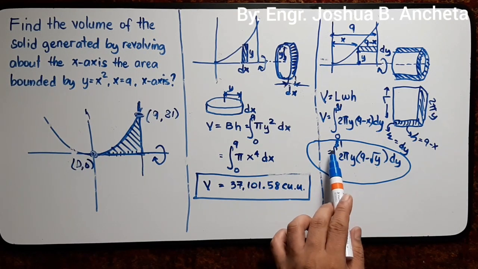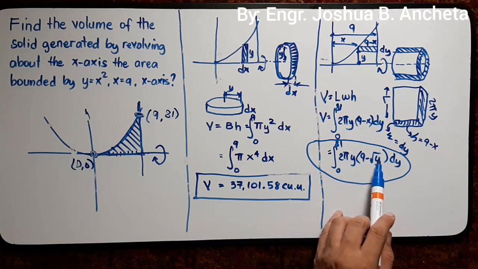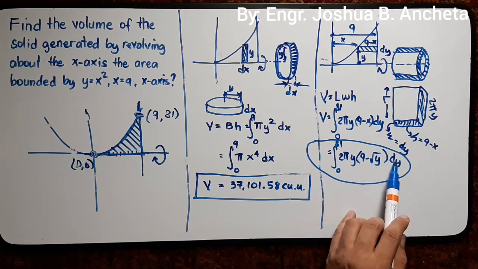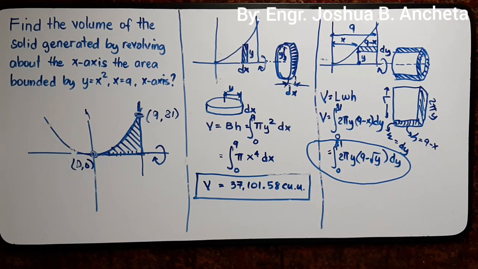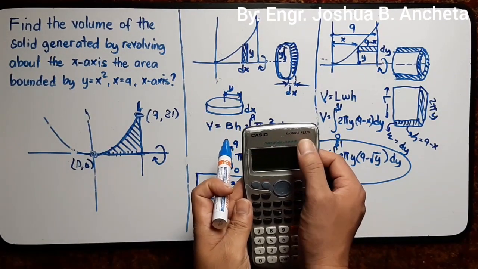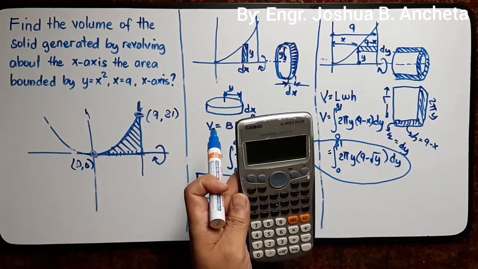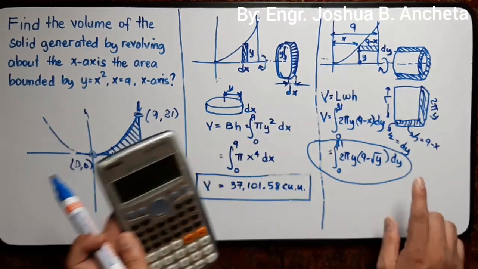Take note, instead of y, use x in your calculator, because on our calculator, the Casio 570 ES Plus or the 991 version, the default integration is dx.